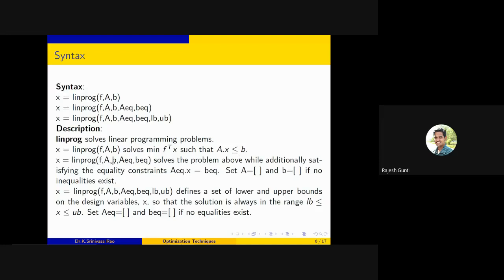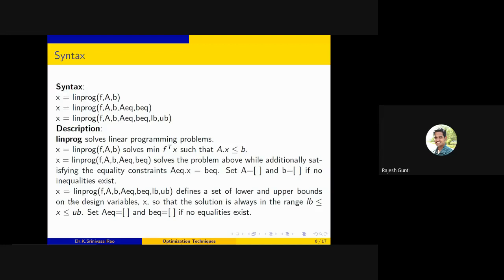linprog f, a, b, a equalities, b equalities solves the problem while additionally satisfying the equality constraints, A equality times x is equal to b equality. Set A empty, b empty if no inequalities exist.